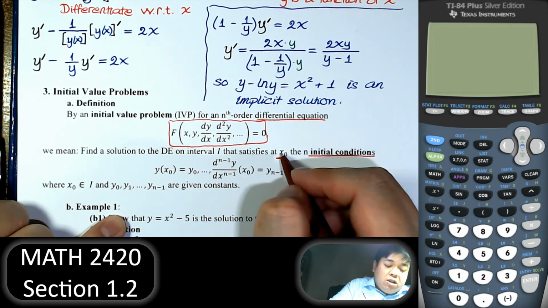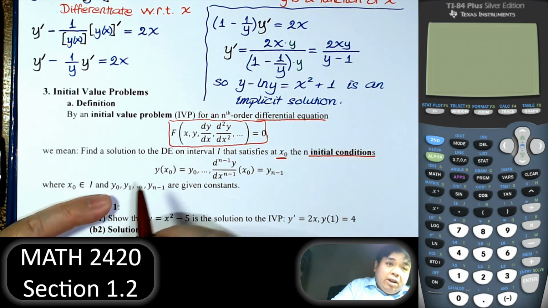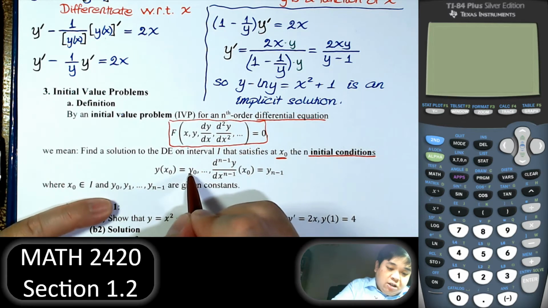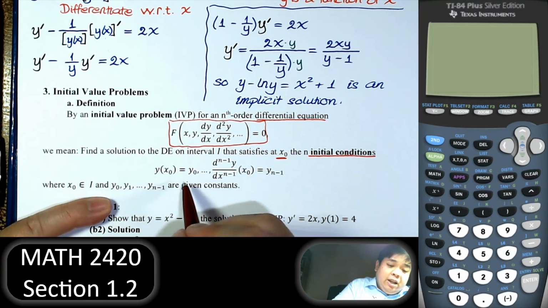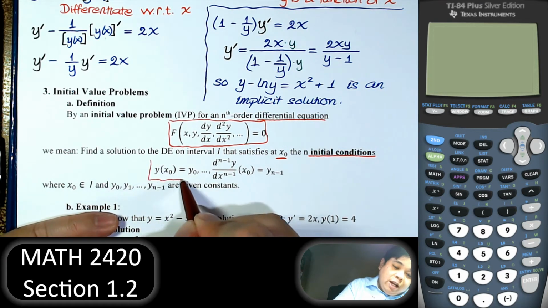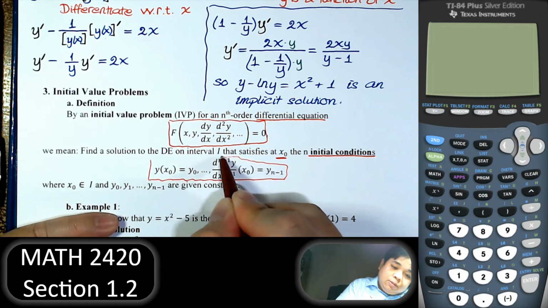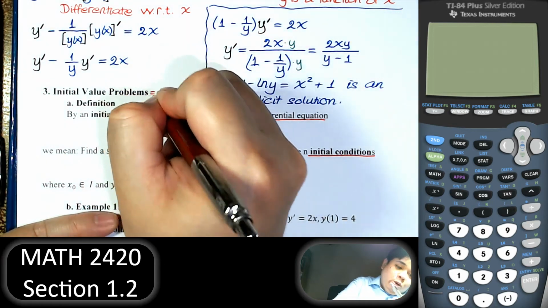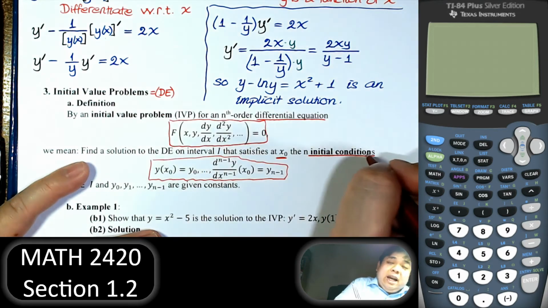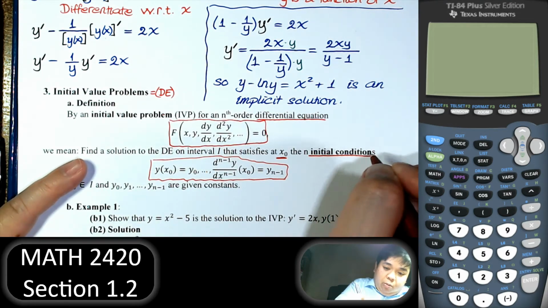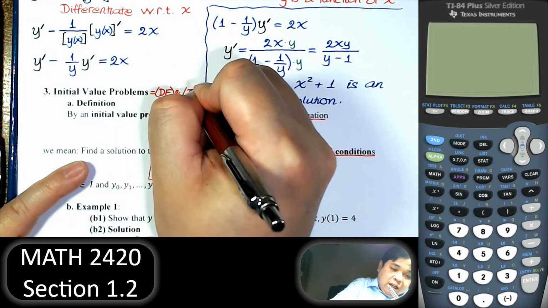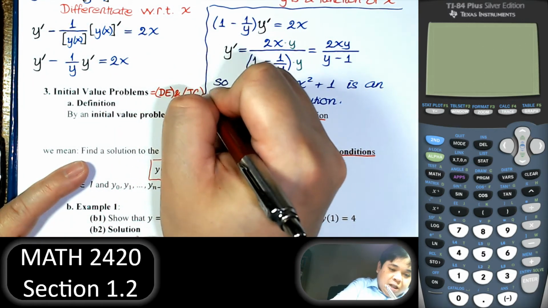So x0 is a constant. So we will be given the value of the function at x0, and values of the derivative at x0 as well. So the initial value problem will have one differential equation, and maybe more than one initial condition.